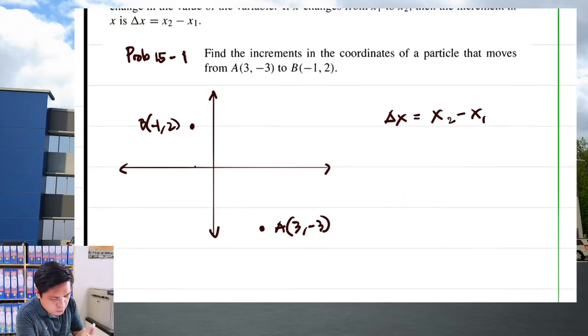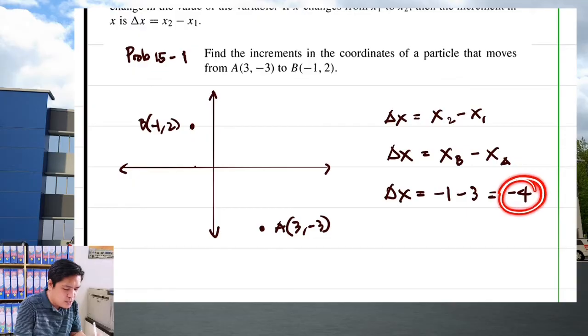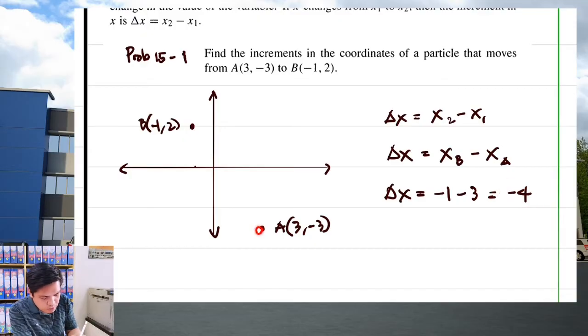That means our increment, or the change in x, is equal to x at the second point, which is point B, minus x at the first point, which is point A. So, the change in x is negative 1 minus 3, which is equal to negative 4. So the change in x is negative 4. That implies that the change in x is 4 units to the left. So from here, it moved 4 units to the left.